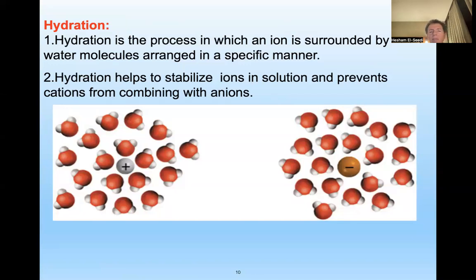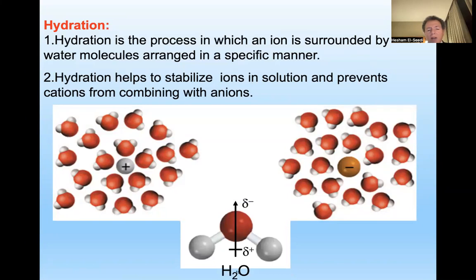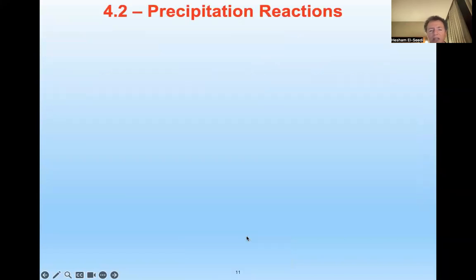Hydration helps to stabilize ions in solution and prevents cations from combining with anions. Look here at the water. Water is HOH. The oxygen, as you know, has 2 bonds, while hydrogen has 1 bond. So this is how it surrounds.